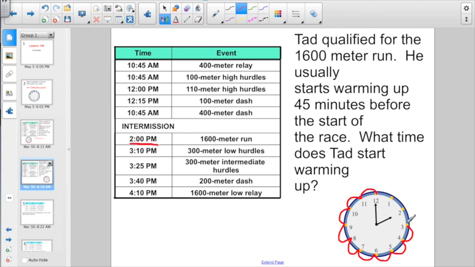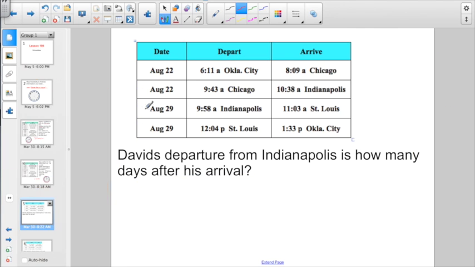So what time would it be 45 minutes before 2 p.m.? It's not going to start with a 2 anymore, is it? It's before 2 p.m. Well, the hour before 2 p.m. is 1, right? And if it landed right here, this would be 1:15. And don't forget to put in your AM or your PM. So this time I'm going to have 1:15 p.m. for our time.